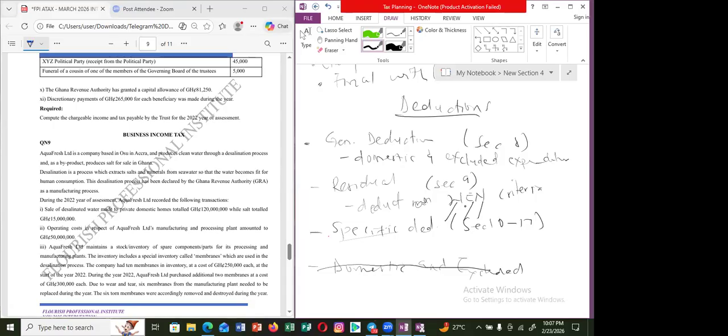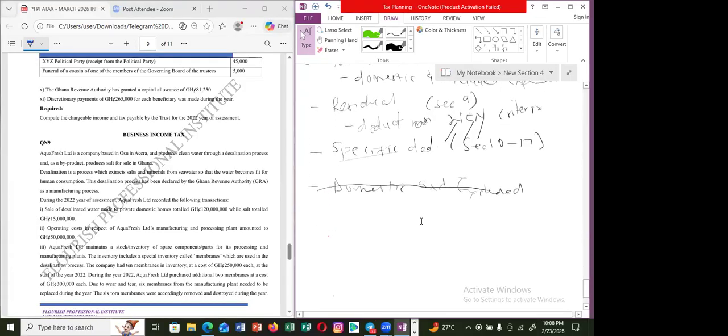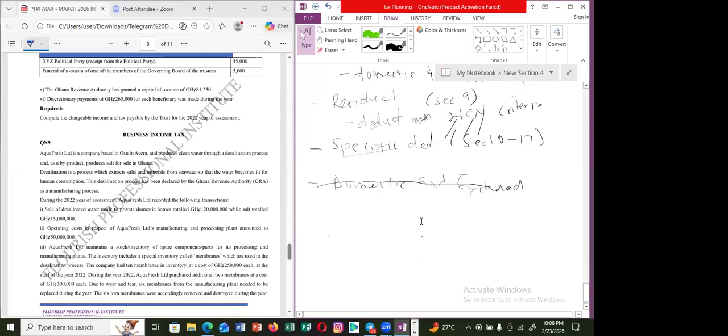And then we have specific deduction rules. Like I said, it ranges from section 10 through to 17. So section 10 talks about interest.